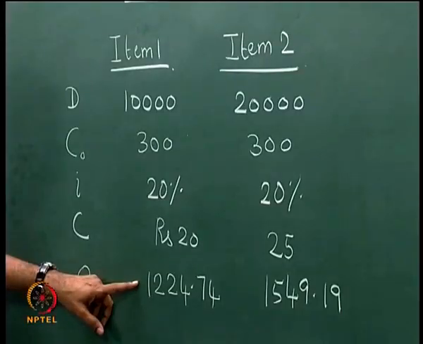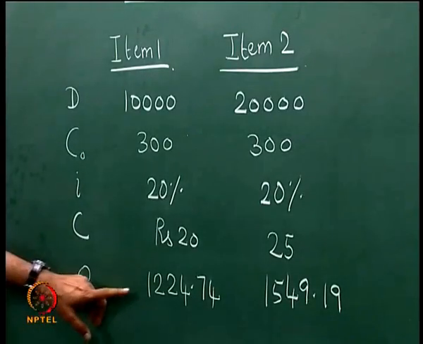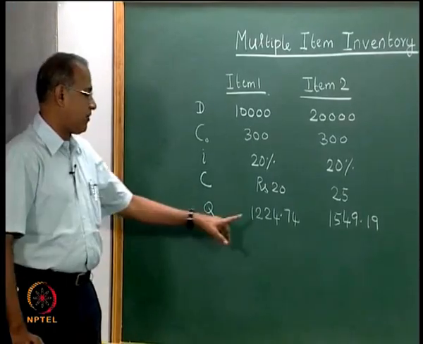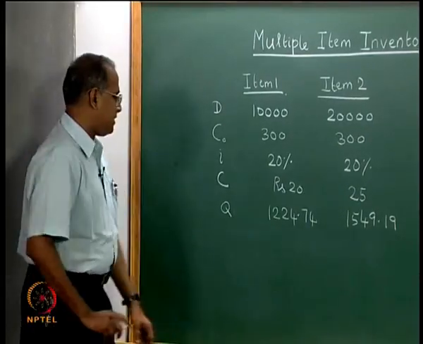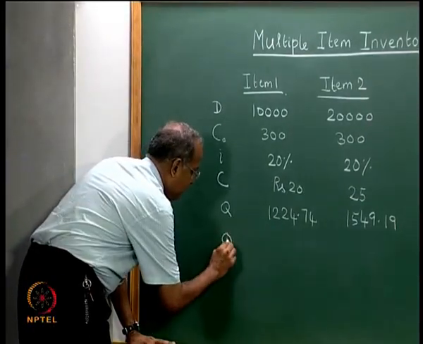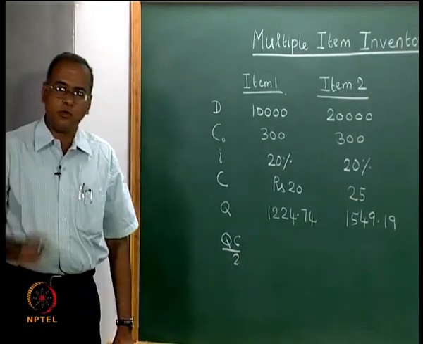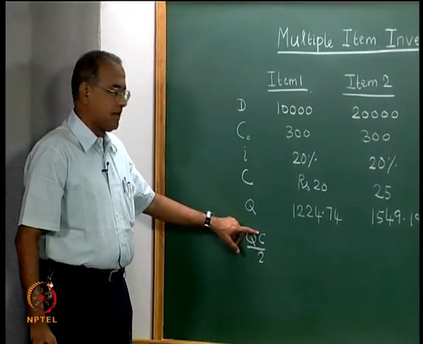Now, if we order 1224.74 of this item, the average inventory is half of this, Q by 2, which we have already seen, and the money value of the average inventory, which we could call Q by 2 into C, where C is the unit price of the item.